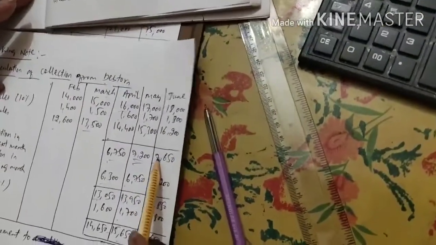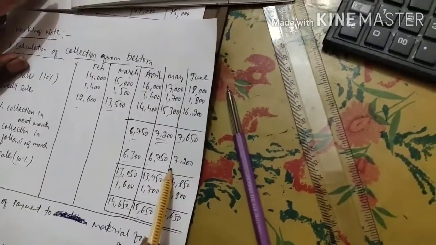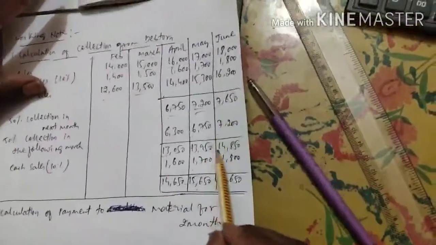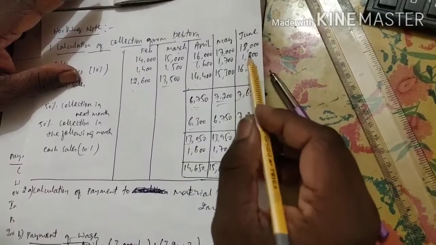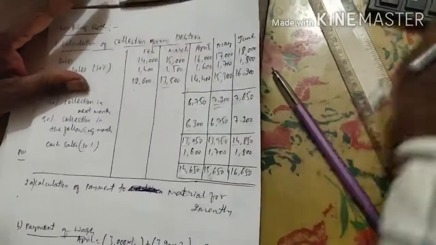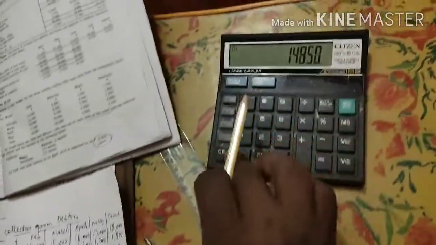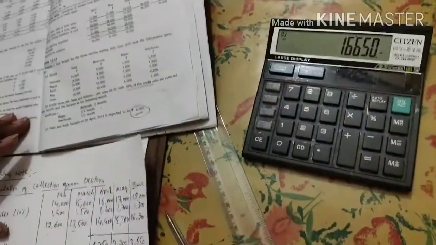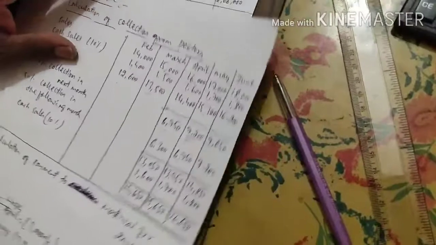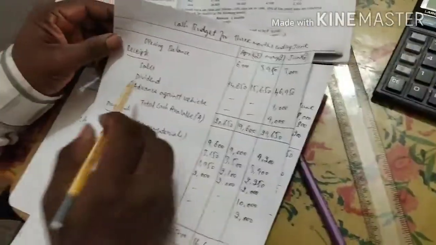Put together, 7,650 plus 7,200 is 14,850 total credit sales. Plus cash sales, 18,000 into 10% is 1,800. So 14,850 plus 1,800 is how much? 16,650. So I will record it here in the main solution.